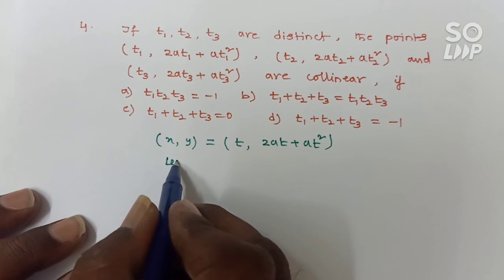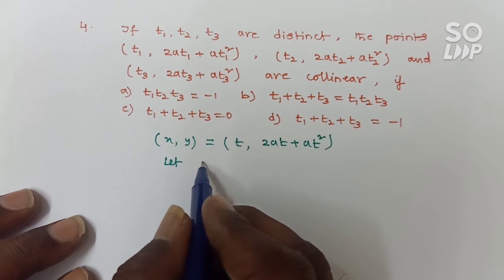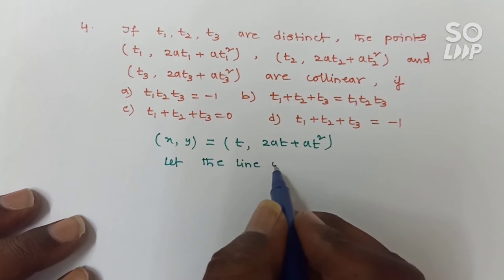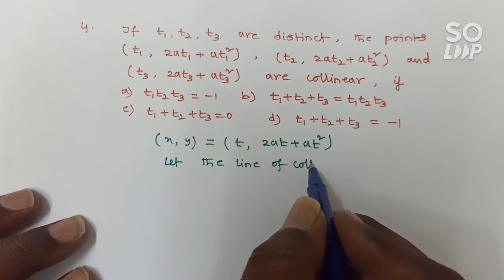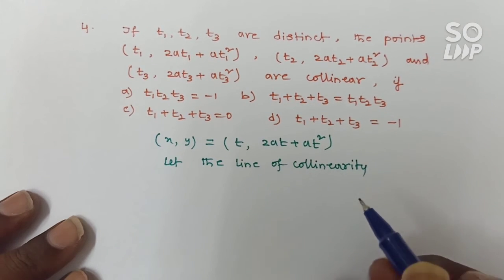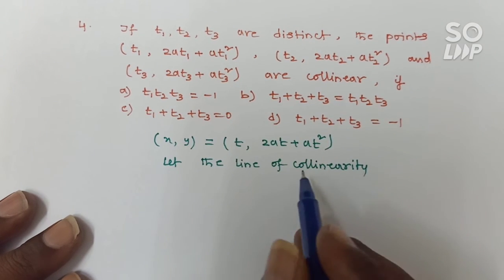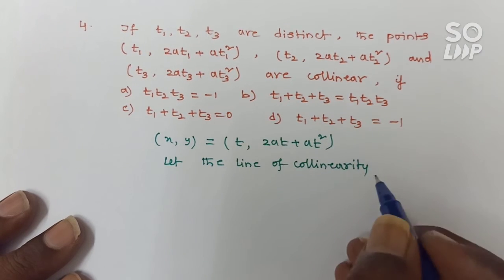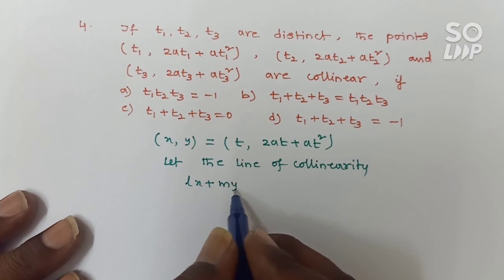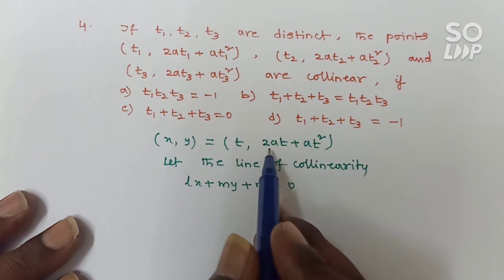Let the line of collinearity be the equation on which all the given points lie. Let us take that all these points lie on the line Lx plus my plus n equals 0. So (x, y) is any point on this line.